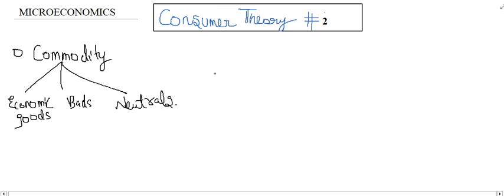Okay, so to understand this, suppose, now there's a basic thing that no good is an economic good forever, and no good is an economic bad forever, and neutral also.